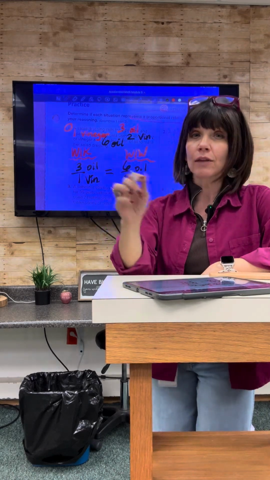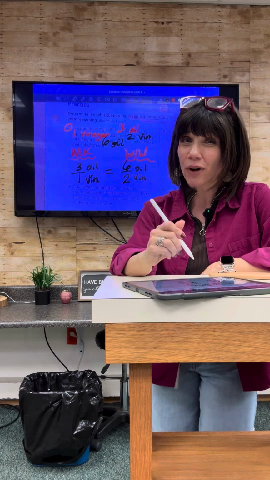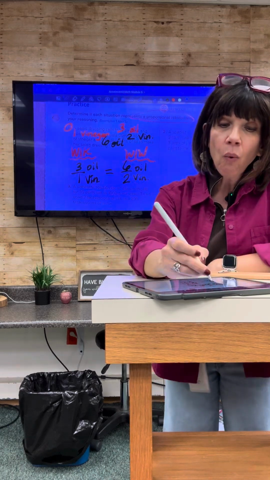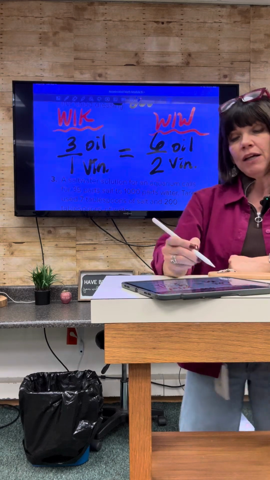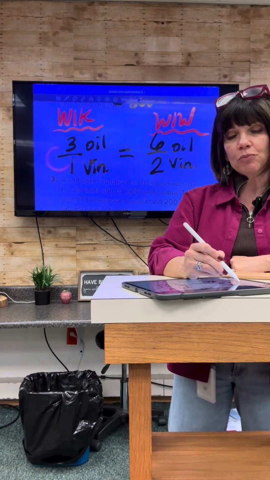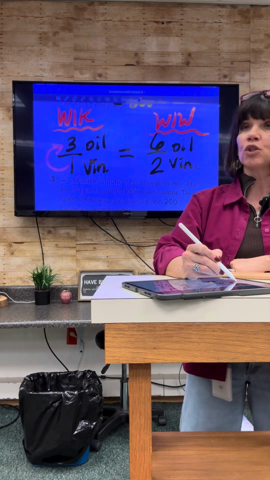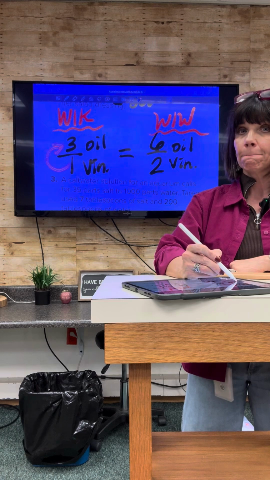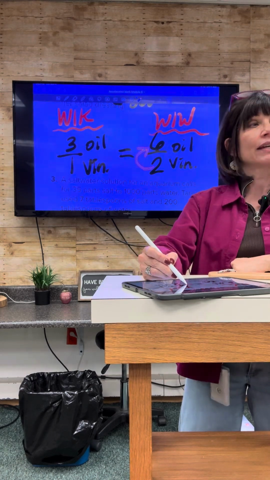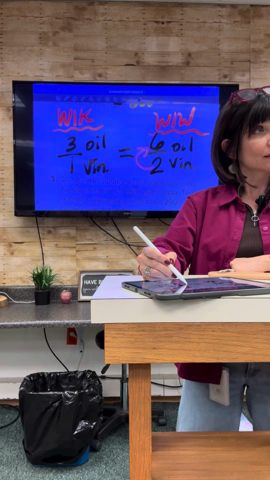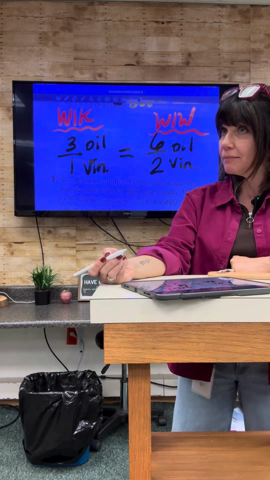Now, I'll be honest, there are multiple ways you can find out whether or not these are equivalent. One of the ways is to ask yourself, if I went from the vinegar relationship to the oil, class, what could I multiply 1 by to get 3? 3. So let's try 2 times 3. Does it give us 6? Yes. So what could I know immediately?